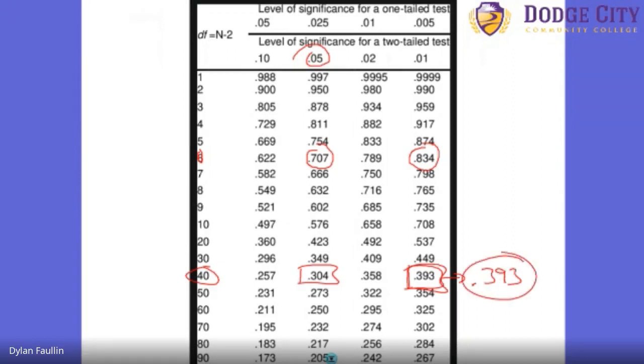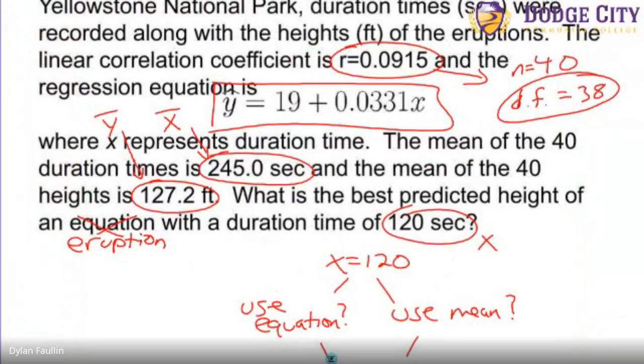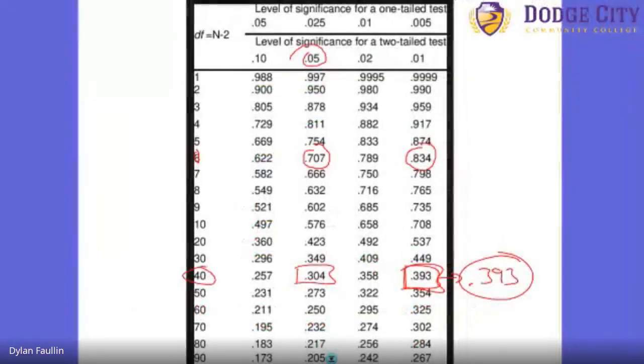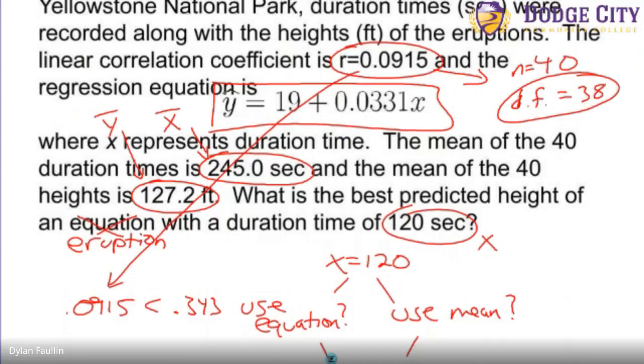Going back to 10.2, our value of r was 0.0915, which is way less than 0.393. Which means this is not a linear relationship.